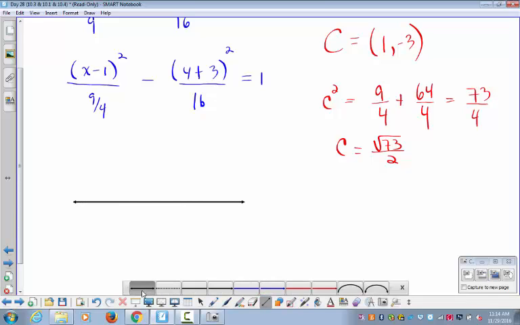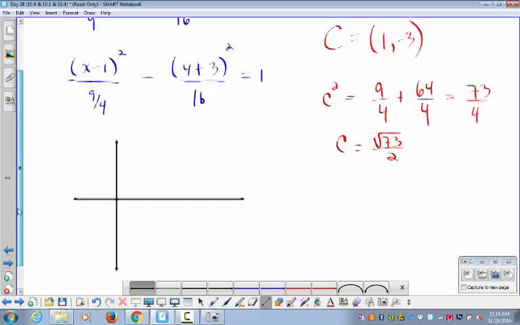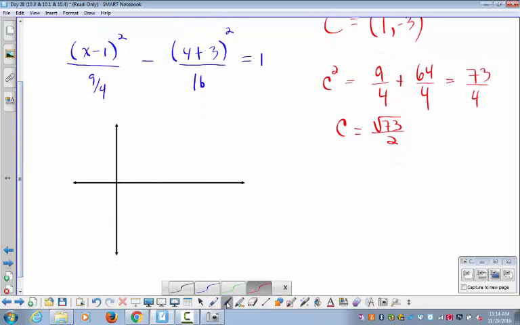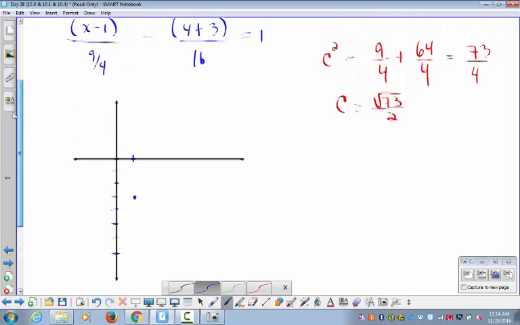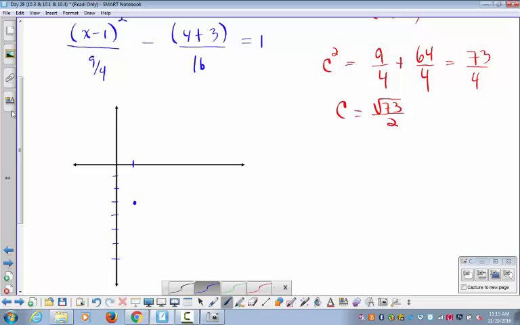All right. Then, from the center, 1, negative 3. How far? Let's go up and down first. So from the center, we go up and down 4.